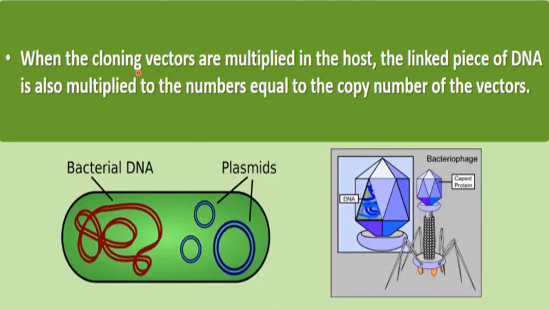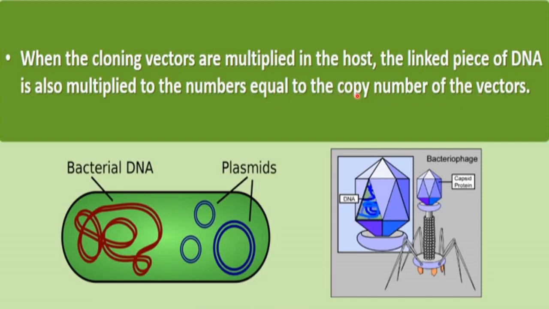Now, when cloning vectors are multiplied in the host, what happens? Why do we need these cloning vectors? To transfer the foreign DNA into the host, right? So these cloning vectors are also transferred into the host cell. When cloning vectors multiply in that host cell, the linked piece of DNA is also multiplied to numbers equal to the copy number of the vectors, and that's why I am saying that the copy number of the vector is very important, because the efficiency of the process depends on it.